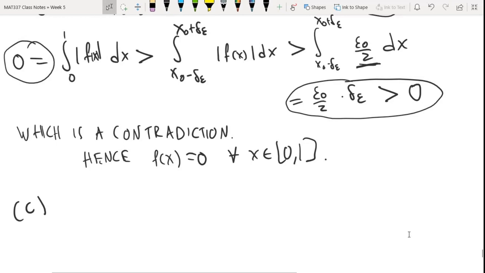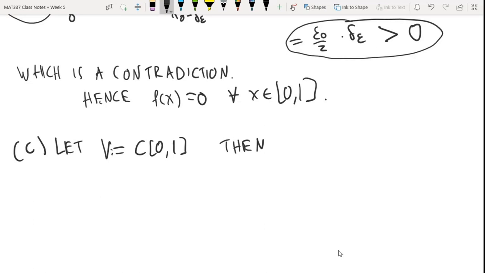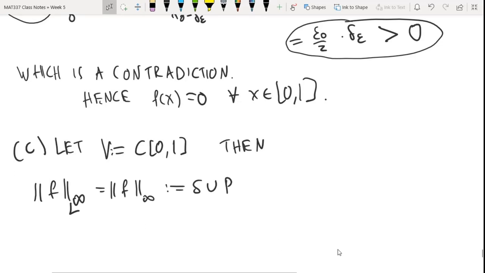Another norm that we will use very heavily is what's called the sup norm. Again, let the vector space be C of 0, 1. Then the L infinity norm, or infinity norm, either way is fine, of f is defined as the supremum over x in 0, 1 of the absolute value of f of x.